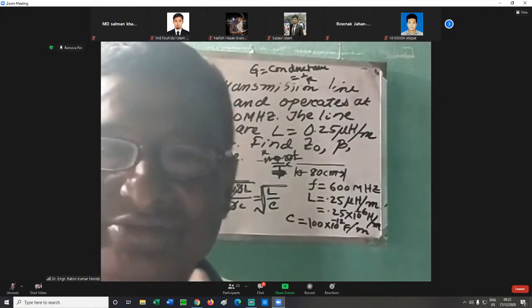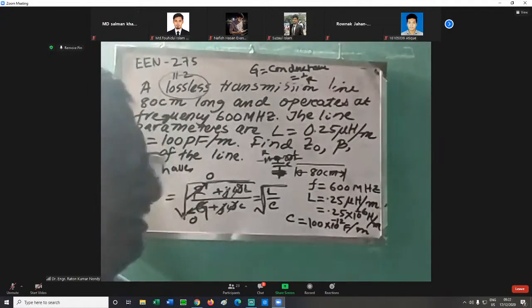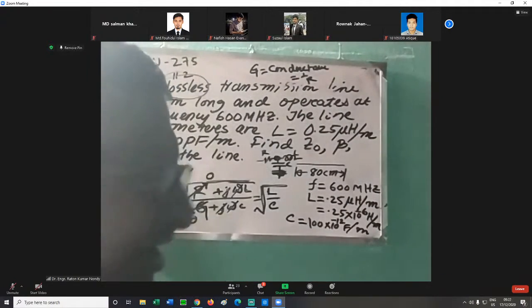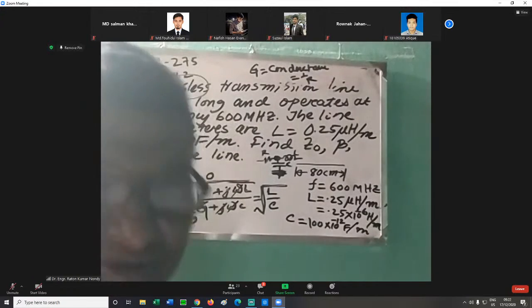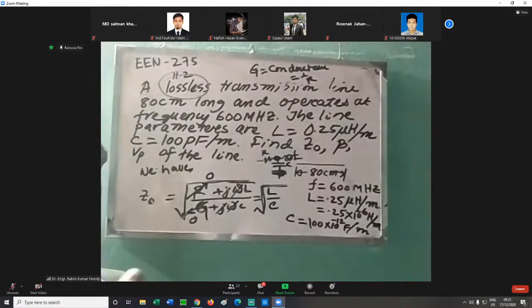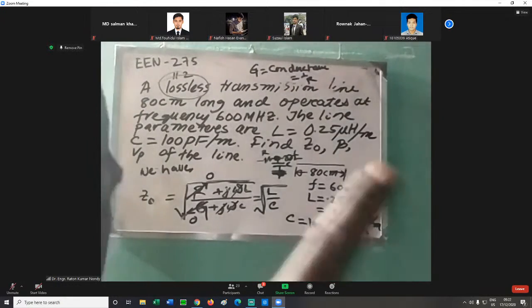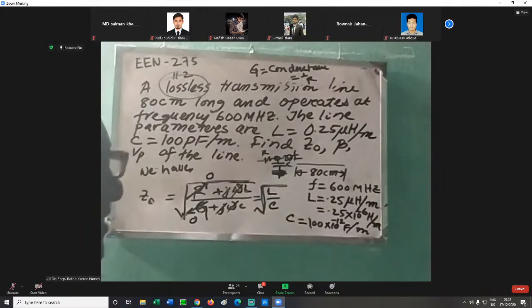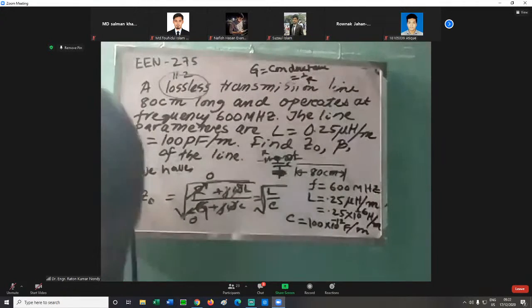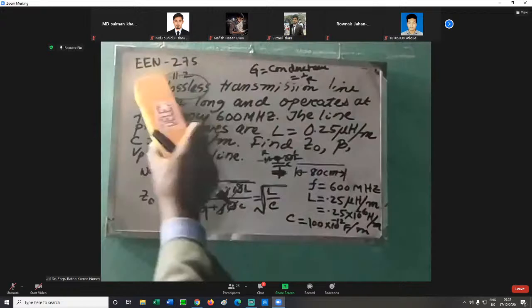So you see what the scientist has done. How a big formula, after some manipulation and reducing, we have brought to a small formula, root over L by C. Now we can insert the values here, then we will get the number.